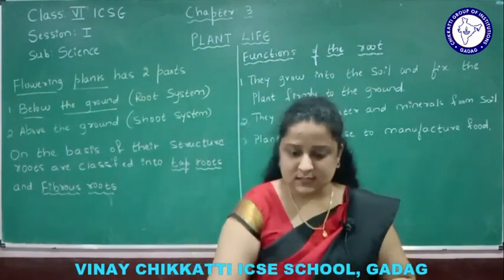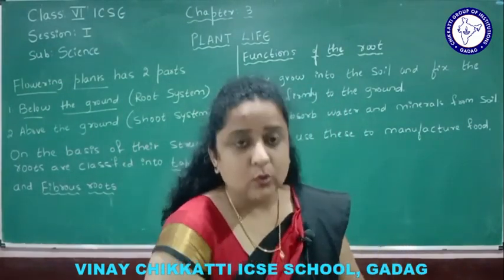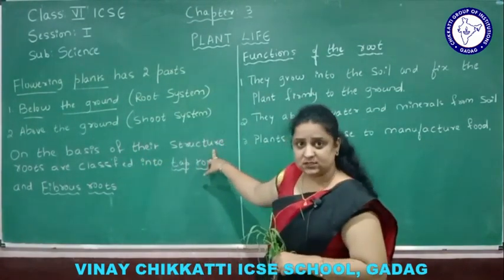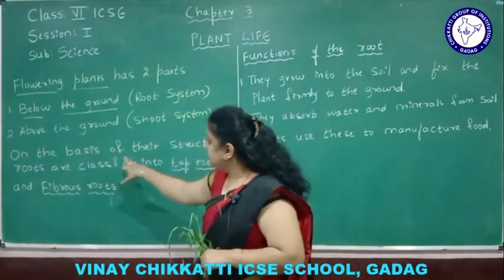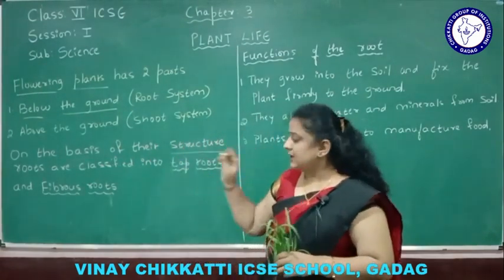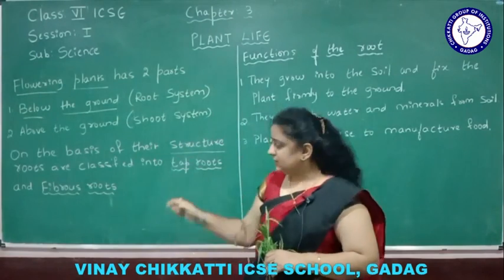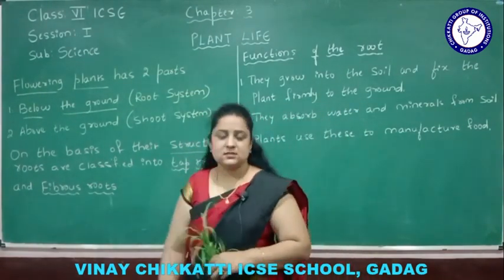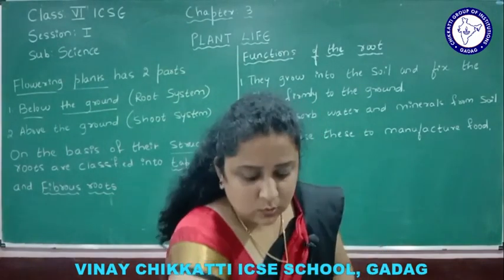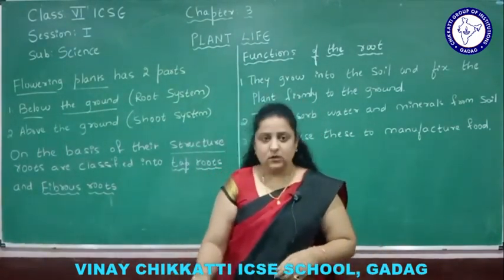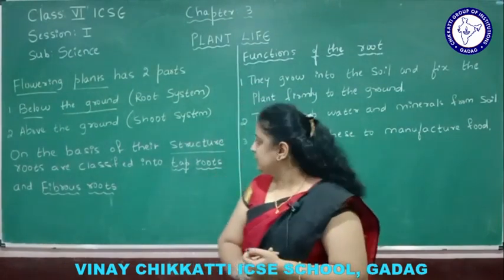Now let us discuss in detail the root system. On the basis of their structure, roots are classified into two types: tap roots and fibrous roots. So roots are the non-green underground part of the plant.